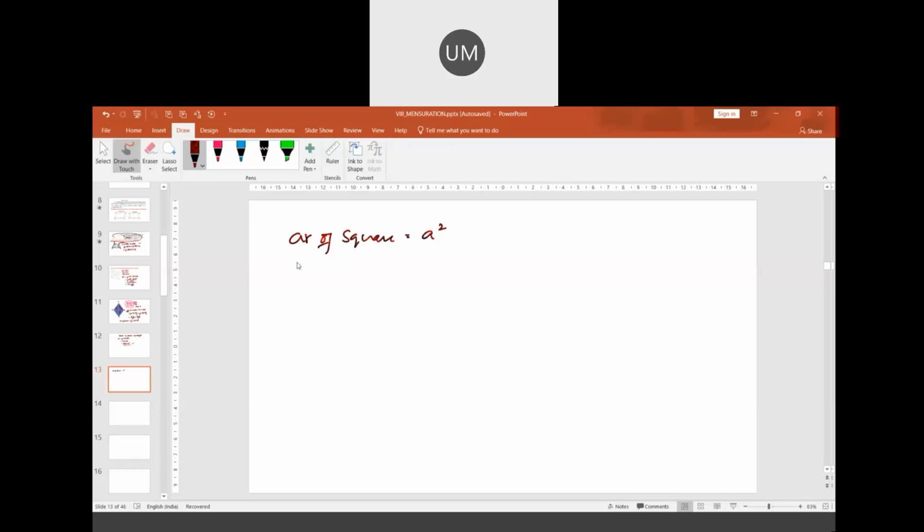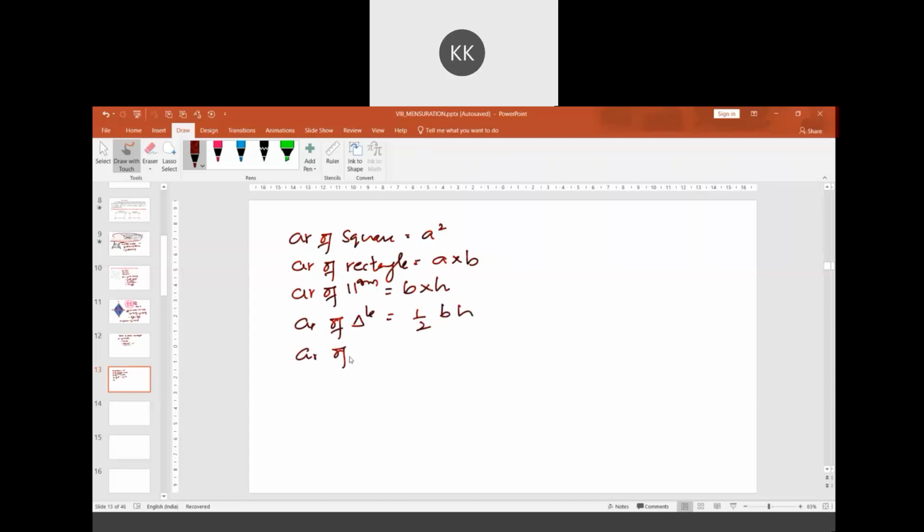Area of rectangle is a into b, if a and b are the length and breadth. Area of parallelogram is base multiplied by height. Area of triangle is 1 by 2 base into height.